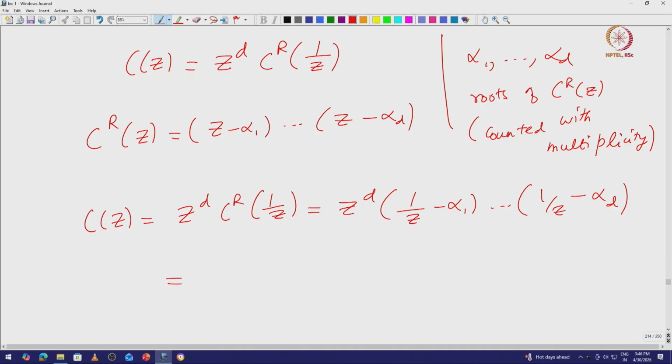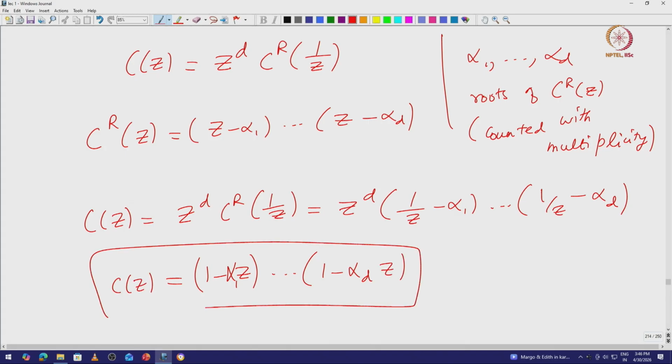By multiplying by z^d, we get exactly 1 minus z alpha_1. So, you can write it as (1 minus alpha_1 z) etcetera times (1 minus alpha_d z), which is the form we are interested in, because it is easy to invert this using the geometric series.